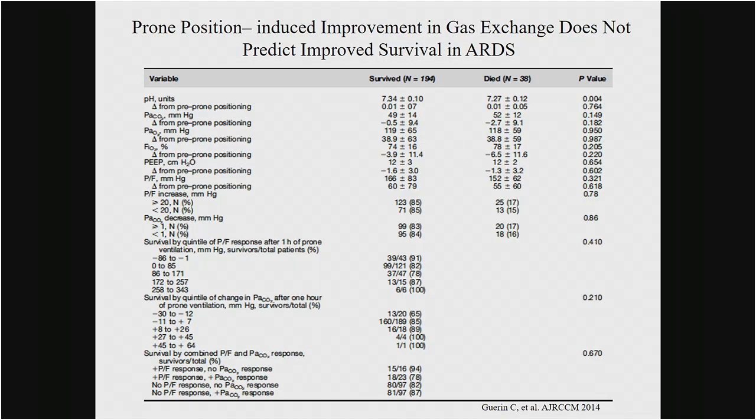Next. However, this is a complicated and very populated slide that has an important message: the change in oxygenation from proning patients, or going from supine to prone position, may not be so related to outcomes. So next slide.